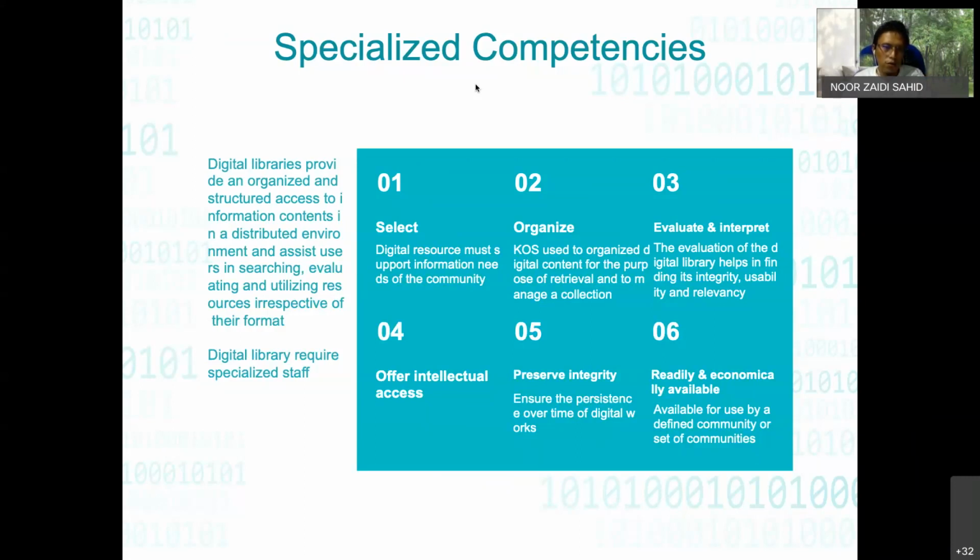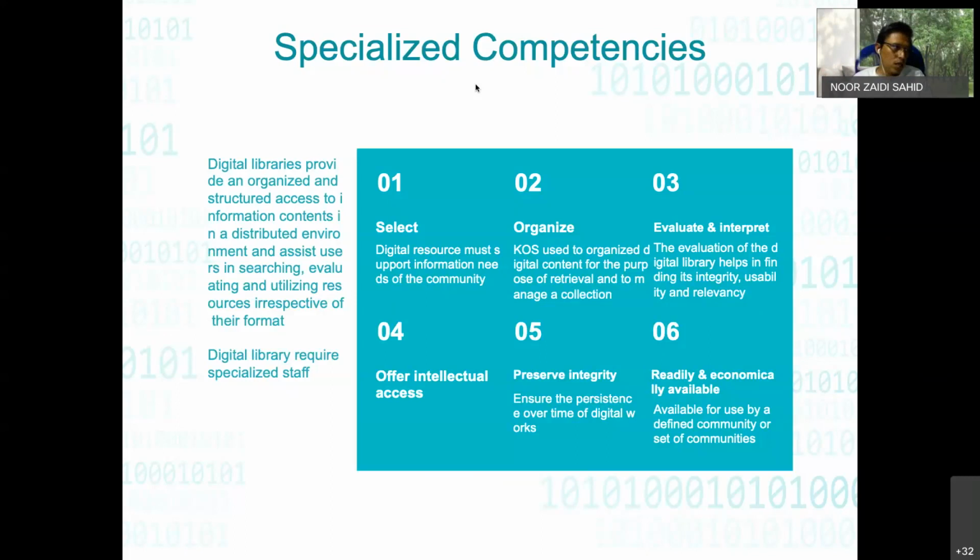You must know the selection process, and contohnya kita ada banyak digital information, but which one is the most suitable for your community? Number two, organize. To organize digital content for the purpose of retrieval and to manage the collections.